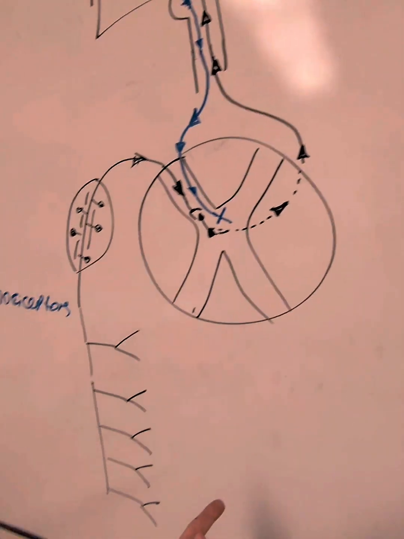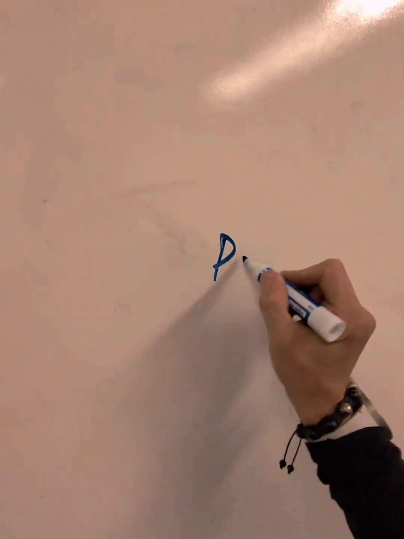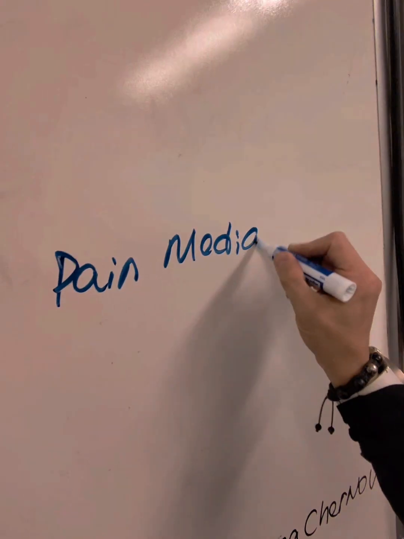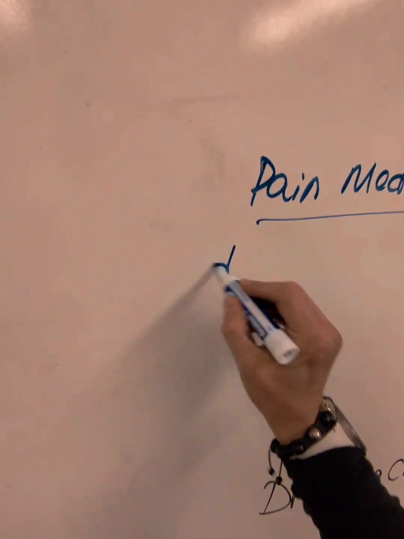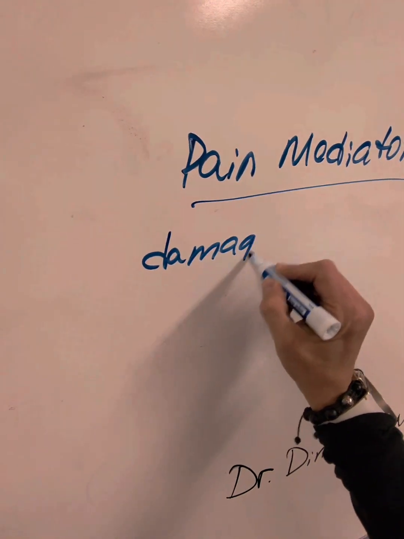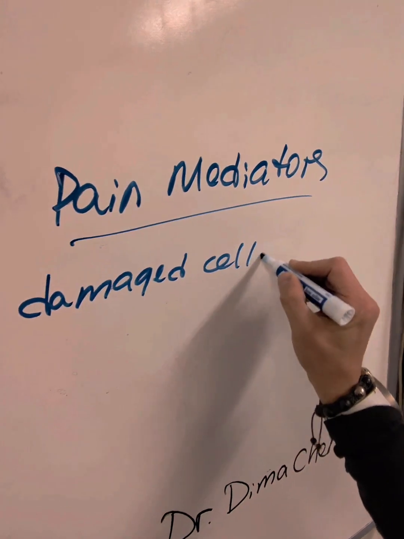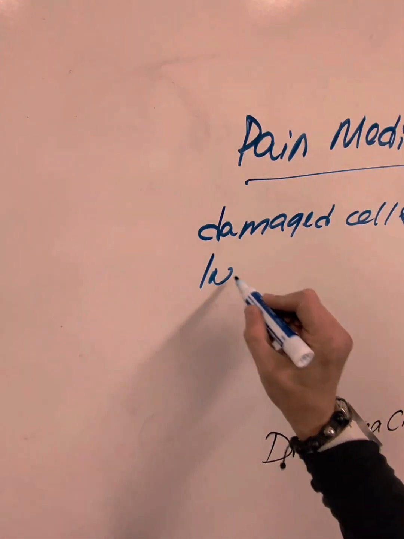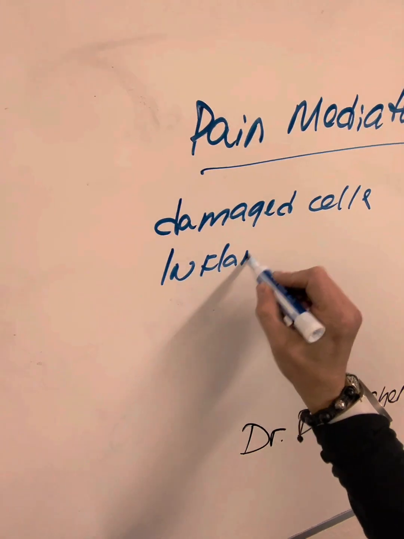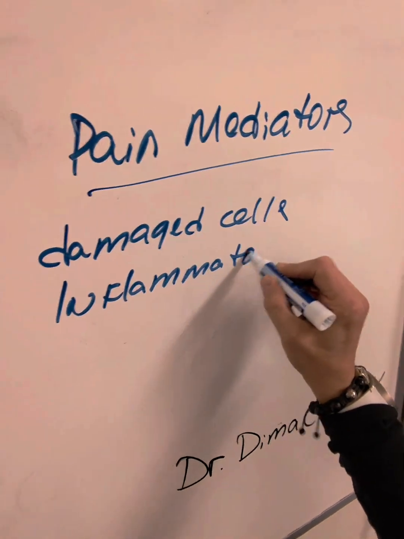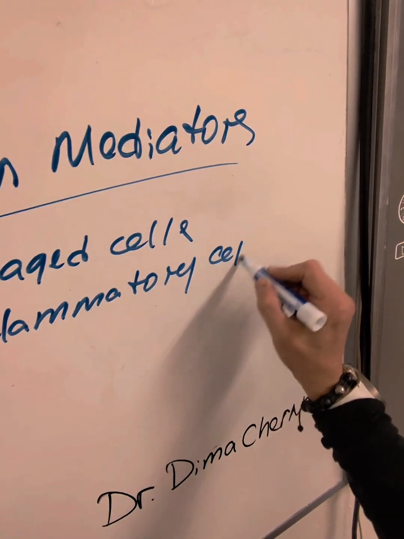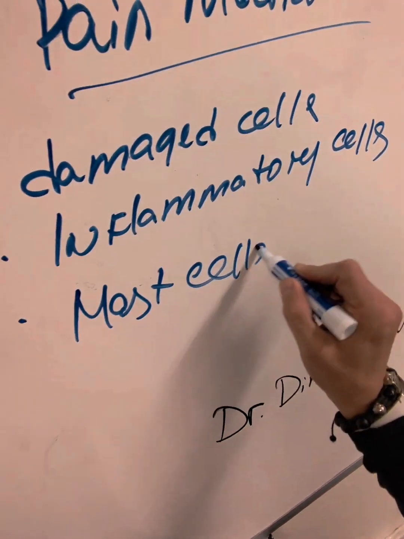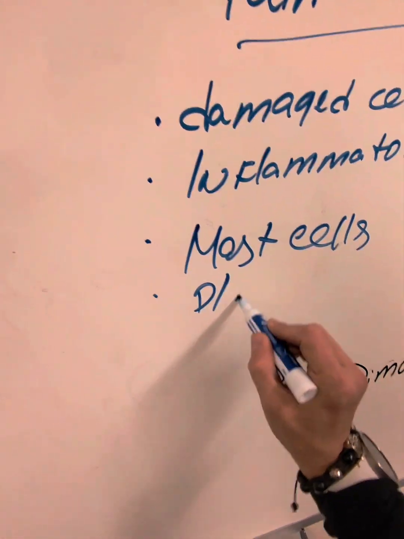So the pain mediators come from damaged cells. Let's say I have a cut on your finger: inflammatory cells, mast cells, and platelets.